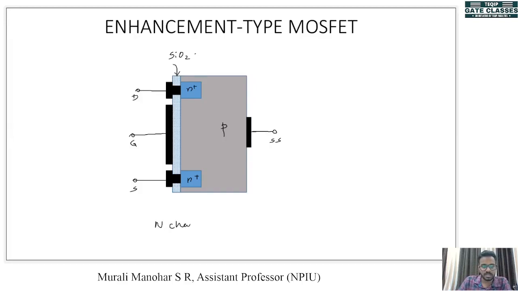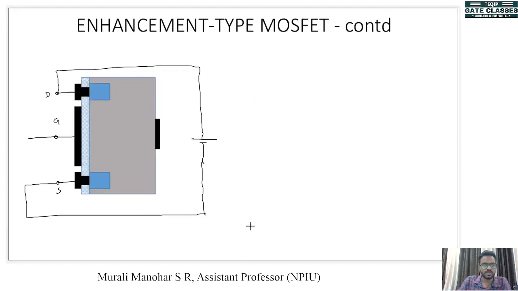This is an N channel enhancement type MOSFET. The gate to source voltage is a positive one. So if VGS equal to 0, there is no channel here. If there is no channel here, there is no current flowing.